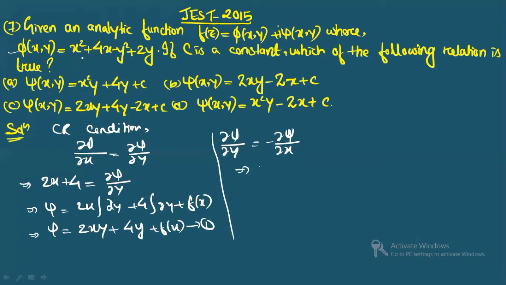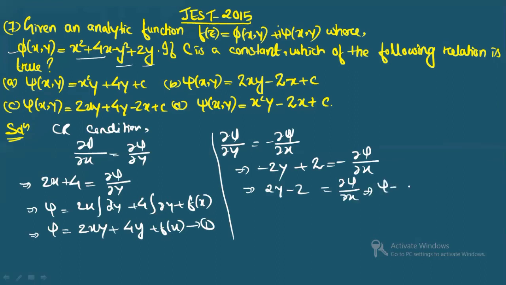Similarly, you will do for this, differentiate phi with respect to y now. So you will get these two terms will be giving 0. These two terms you will have to differentiate. y square on differentiation with respect to y will give you 2y, so minus 2y plus 2 will give you what? This is minus del psi by del x. Okay. So finally, if I take minus common, you will write 2y minus 2 equals to del psi by del x.